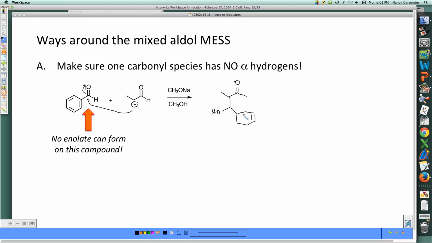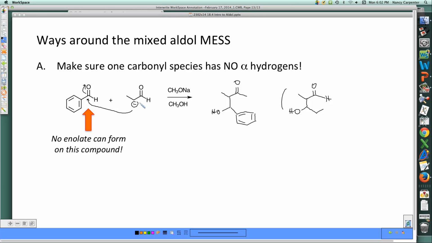Now, you may ask, what about the self-aldol? It's not too hard to control if you're smart. Because if I add the propanal to a mixture of the base and benzaldehyde, so I'm dripping the propanal in slowly to the base and the benzaldehyde already in the flask.